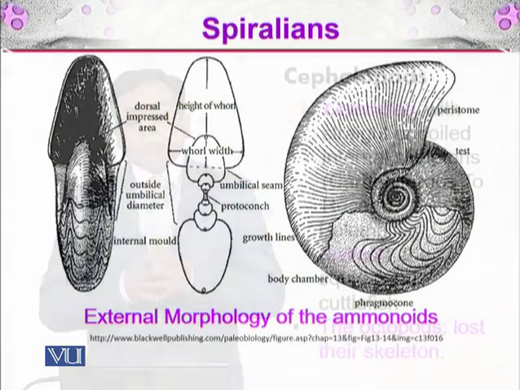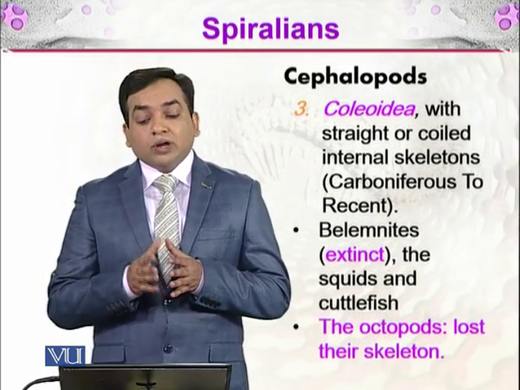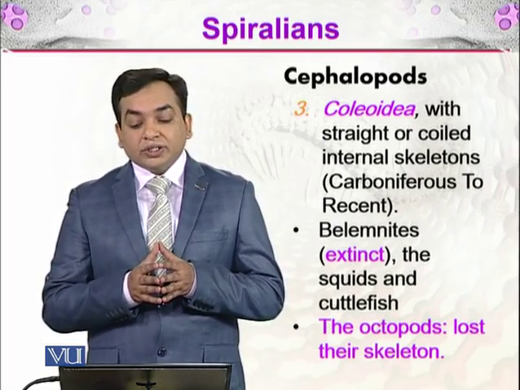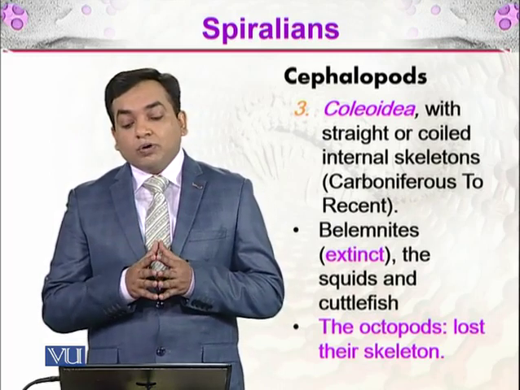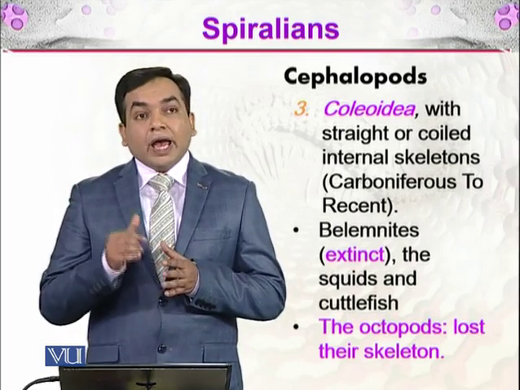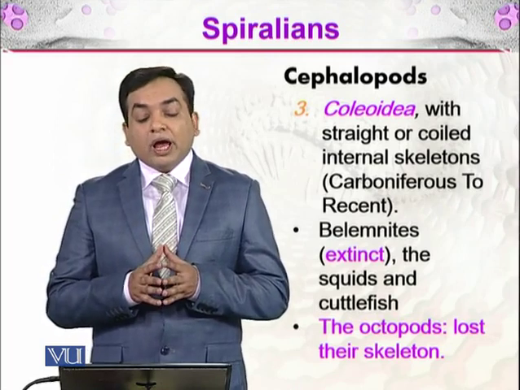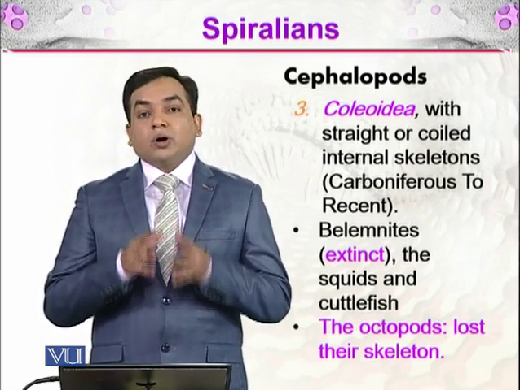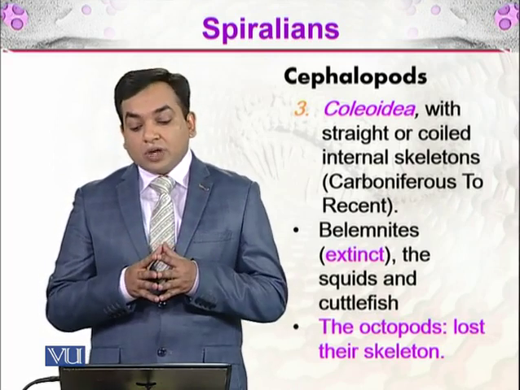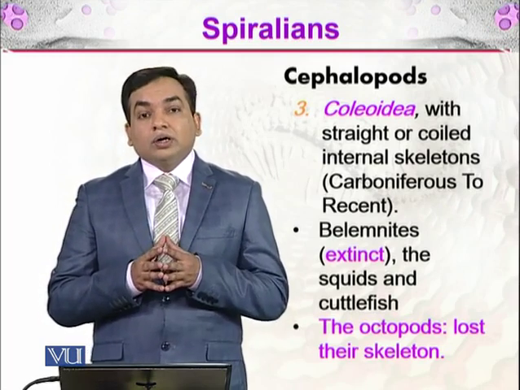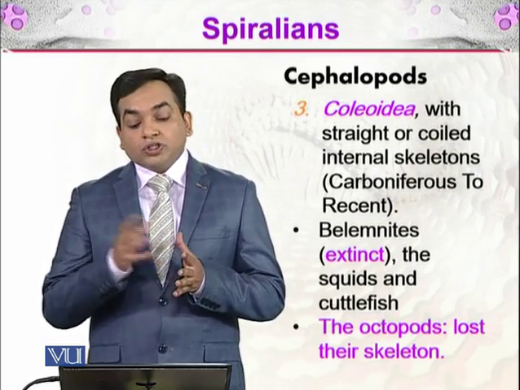The third group is the Coleoidea. Coleoids have straight or coiled internal skeletons, and these were found from the Carboniferous to recent times. Among these, the belemnites are extinct, while the squid and cuttlefish are organisms you can even see today. The octopods, or octopus, are organisms which have lost their skeleton.